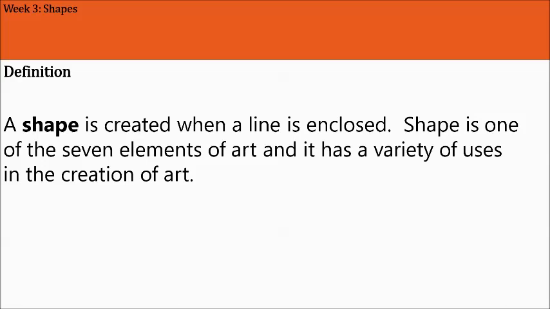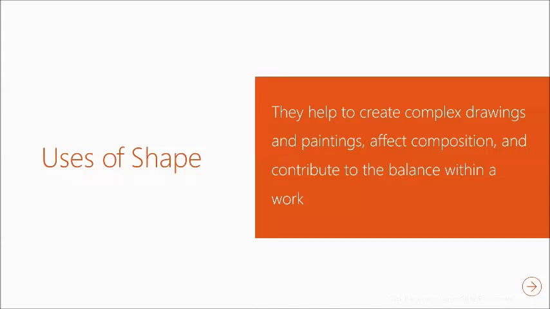So shape is an art. When a shape has been applied with colors, your creation of art has been leveled up, okay? So there are so many uses of shape. They help to create complex drawings, paintings, affect composition, and contribute to the balance within a work.